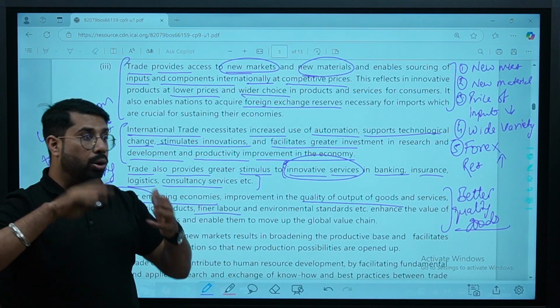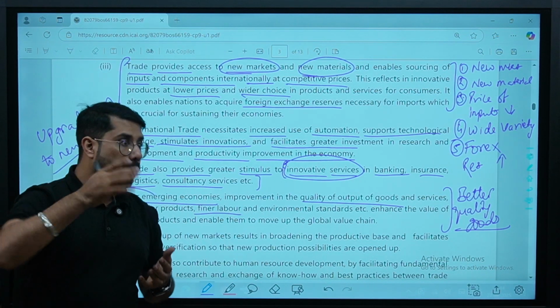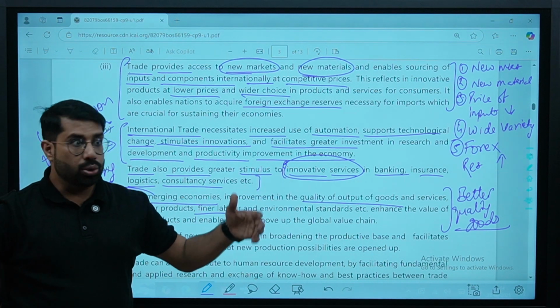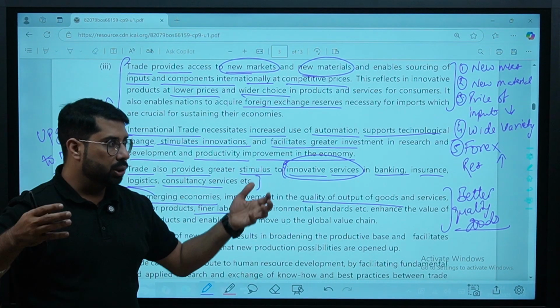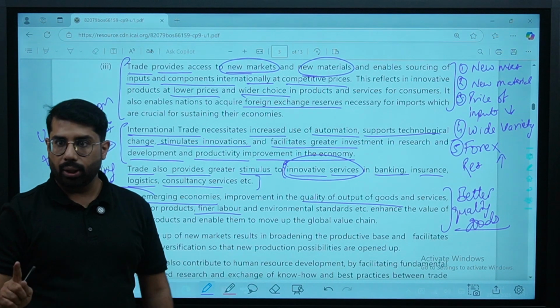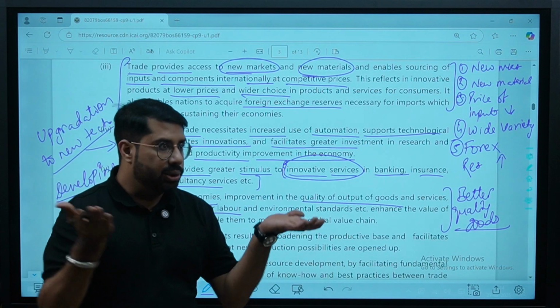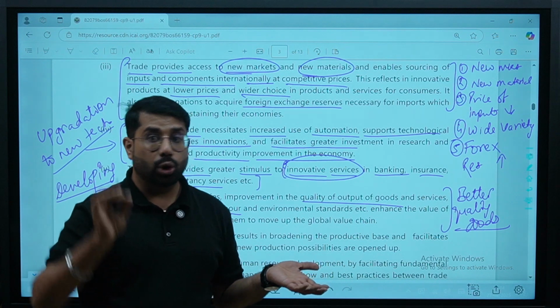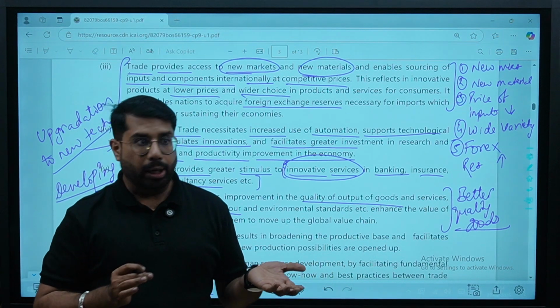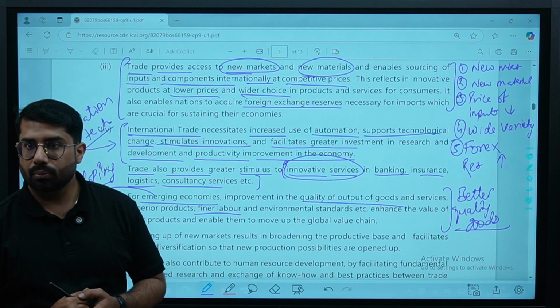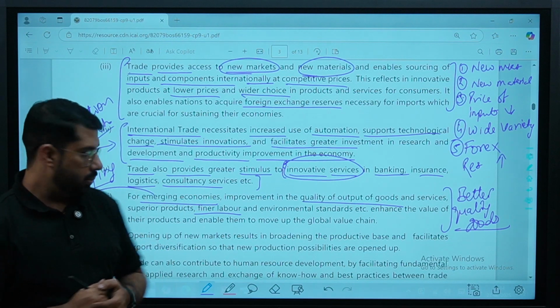But when you step out of your country and enter a new country, it means your consumer base is increasing. It means you upgrade yourself, you level up, you scale up accordingly. So when you move to the international market, you produce at large scale, which gives you the benefit of lower cost of production, and ultimately your profit will also increase. Are we clear?